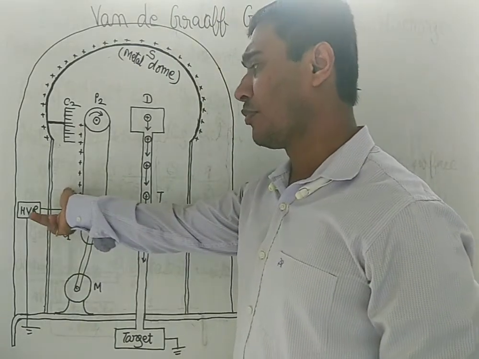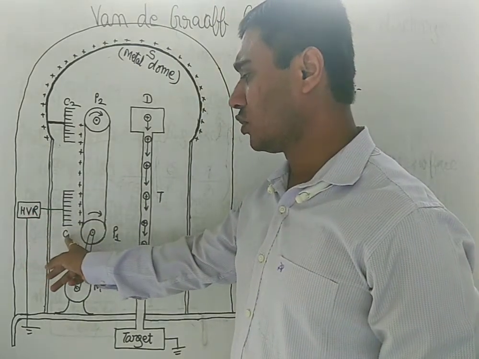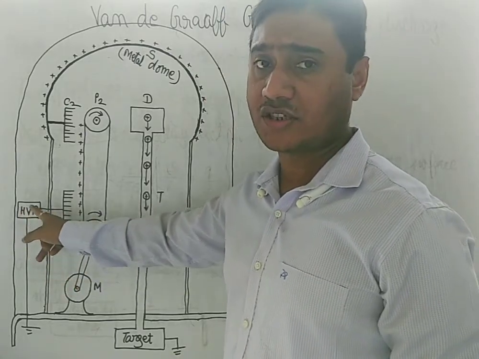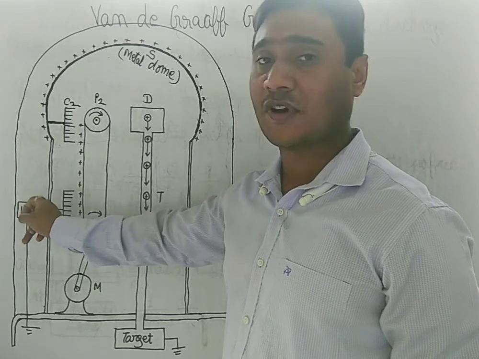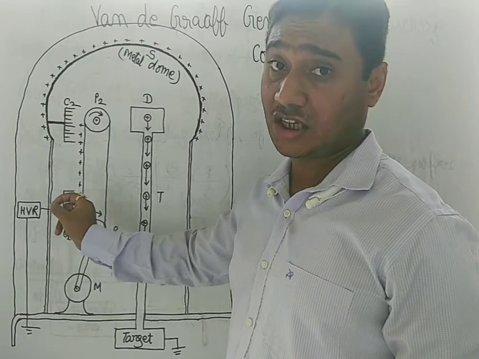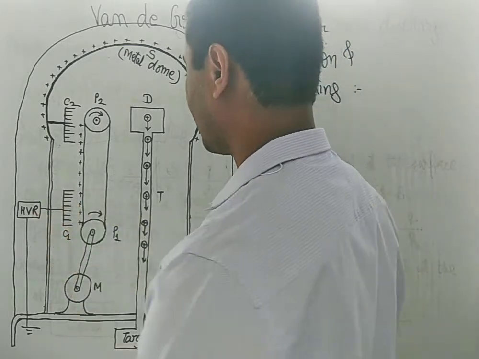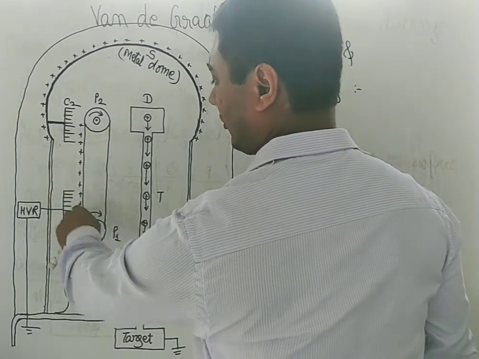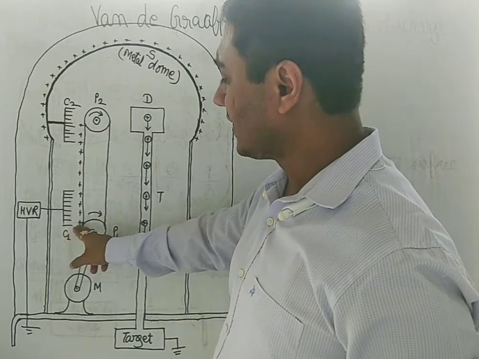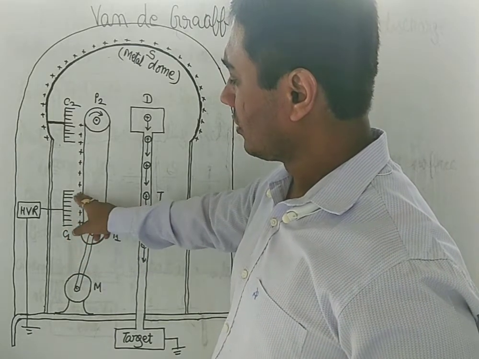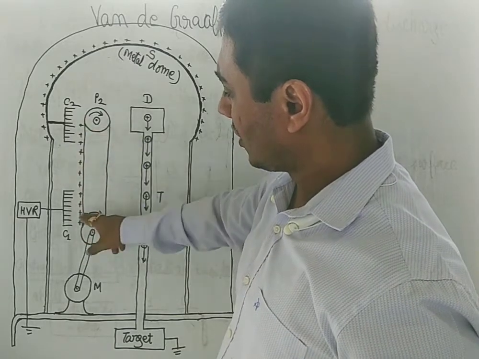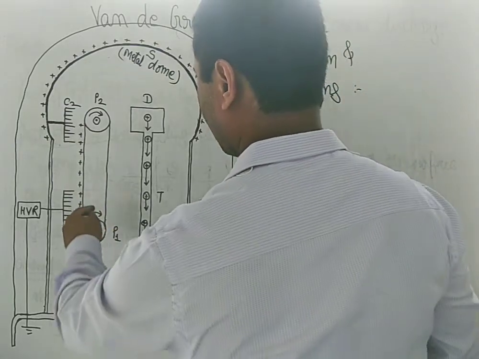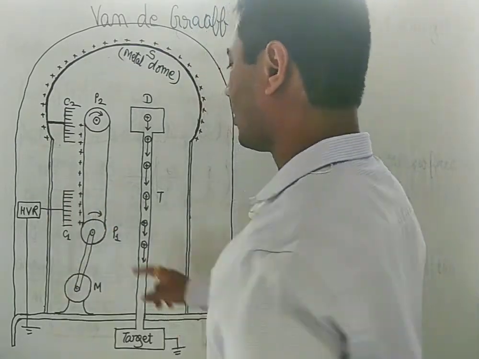A sharp metal spike, also called comb C1, is connected with the help of a high voltage rectifier, which generates a voltage of 5 to 20 kilovolt, 20,000 volt. At such large voltage the air gets ionized, and these charges which are produced travel through this conveyor belt, which is made of insulating materials, generally rayon, silk, rubber, etc.